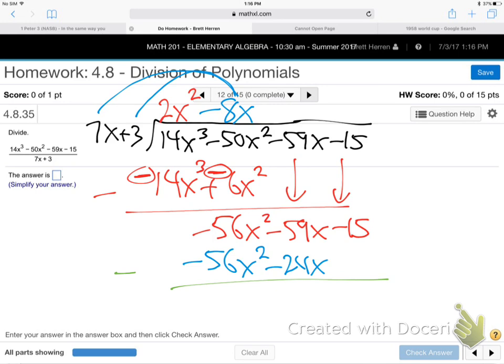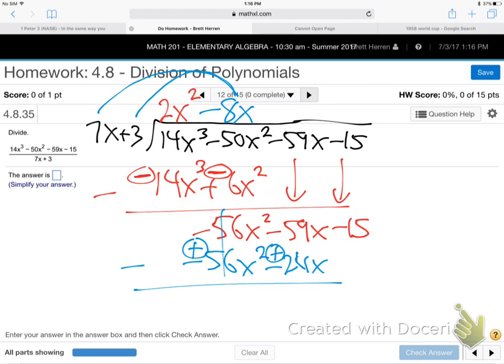Right? So you should change this to a plus and this to a plus. These cancel, as always. What do the other two do? So here we have minus 59x and actually plus 24, huh?